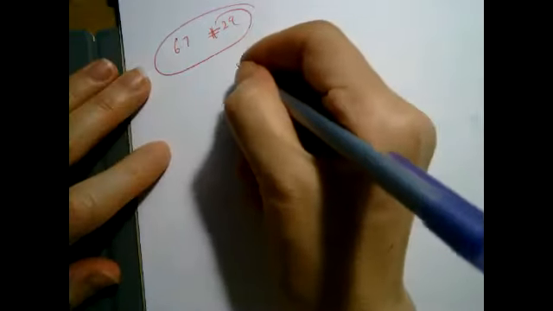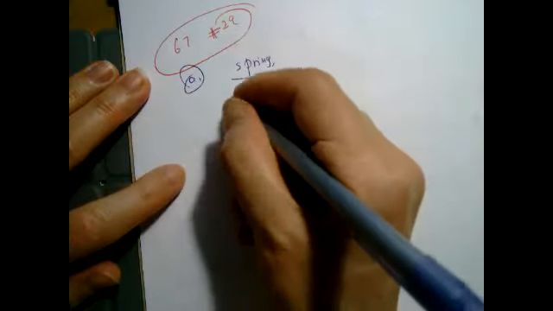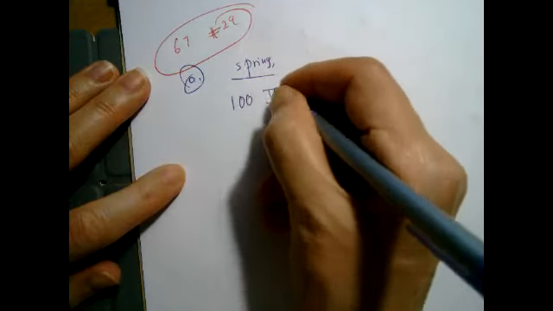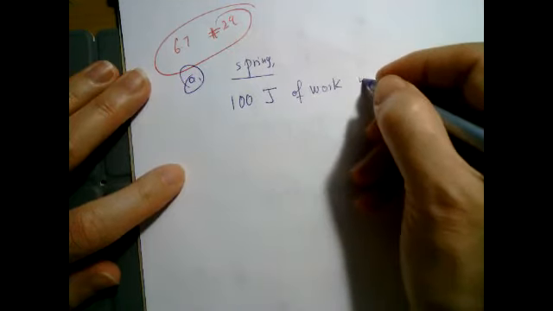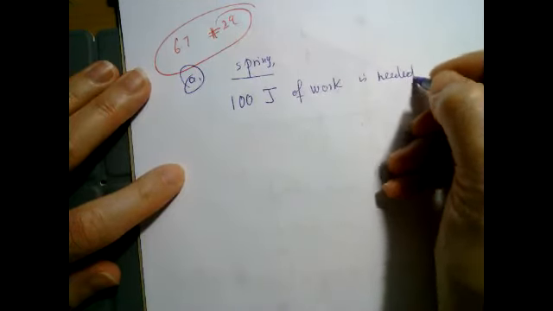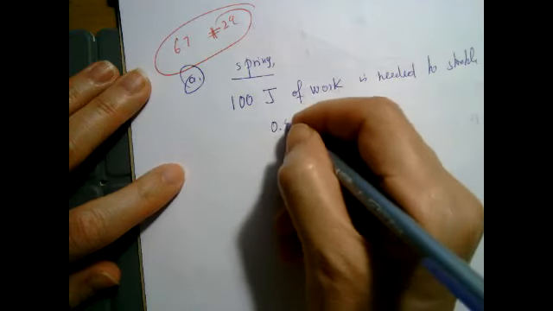So the setup here is the following. We have a spring, and that's part A. And 100 joules, that's the unit of work, is needed to stretch 0.5 meter from equilibrium.